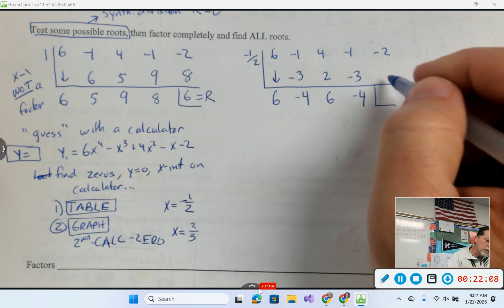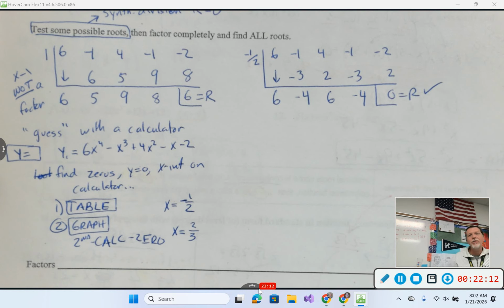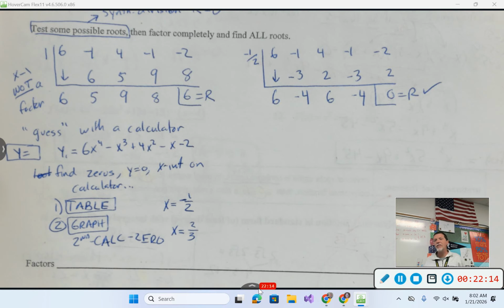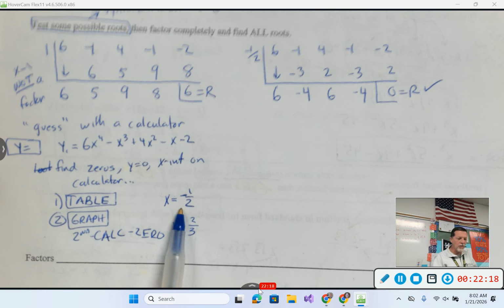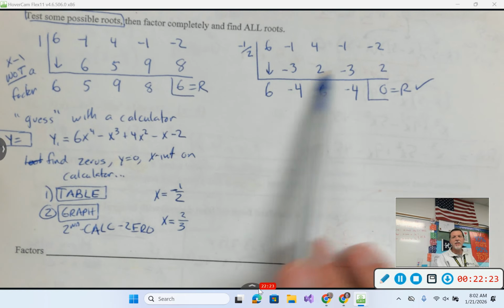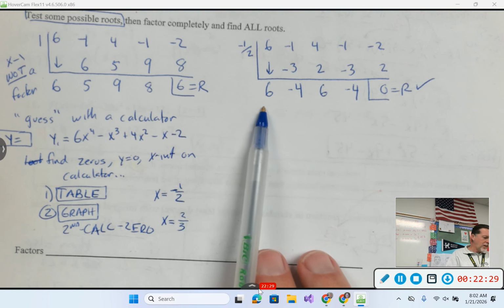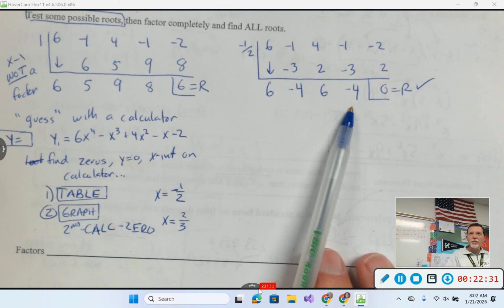Half of negative 4 is 2. And again, you have this built-in check at the end. You know you're supposed to get a remainder of 0. So if you didn't get a remainder of 0, either you found the wrong zero to start with, not likely, or you made some little mistake in your synthetic dividing. Okay, that's a depressed polynomial.